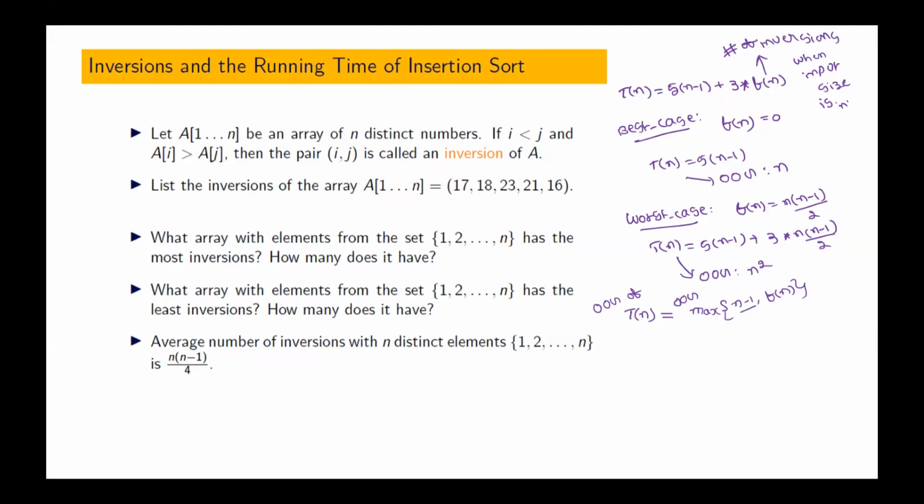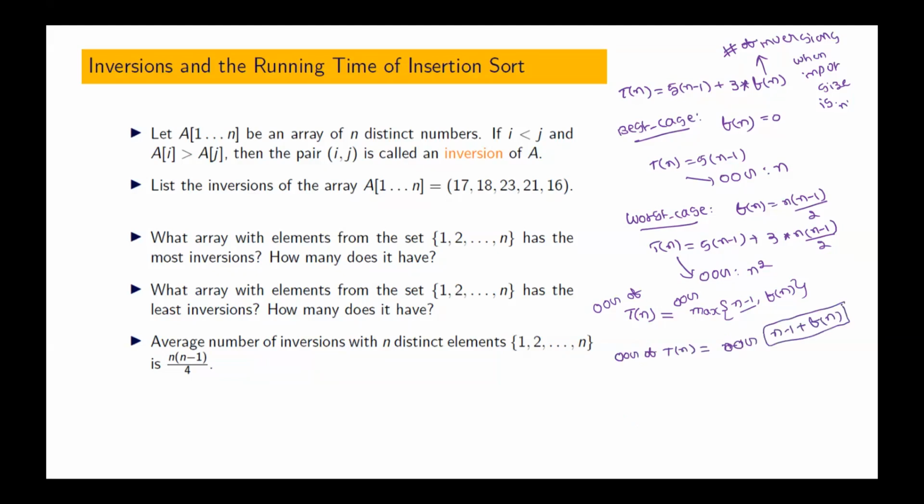Combiningly we are writing so that it will be true for best case as well as worst case. Or can we write order of growth of T of n equals order of growth of n minus 1 plus f of n?